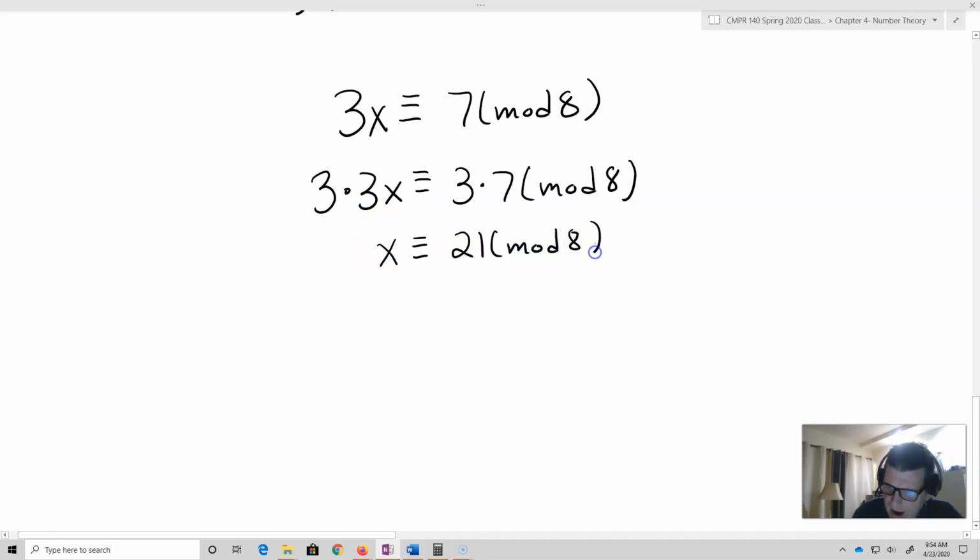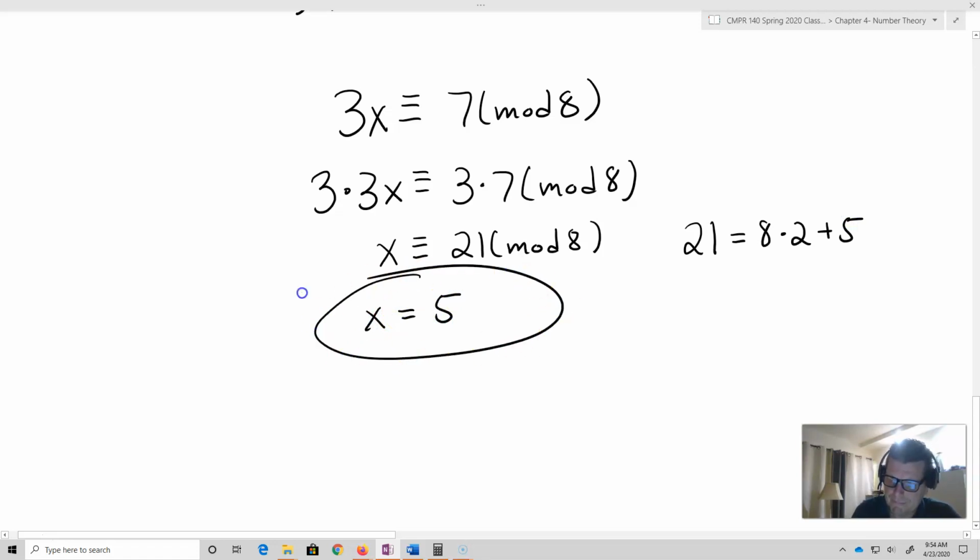And now all I've got to figure out is what exactly 21 is in modulo 8. So 21 equals 8 times 2 plus 5. So x equals 5. There it is. That's my remainder.